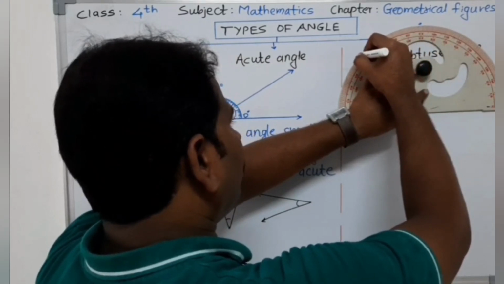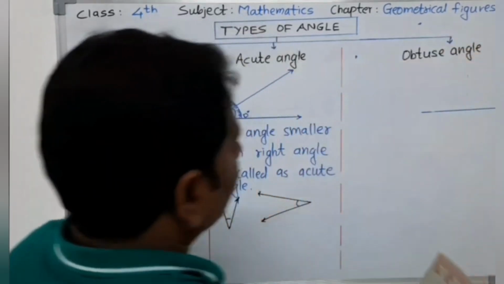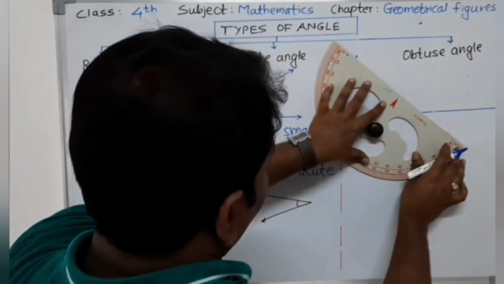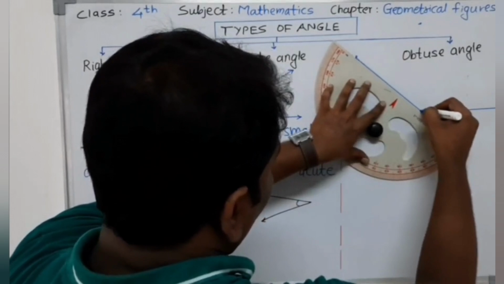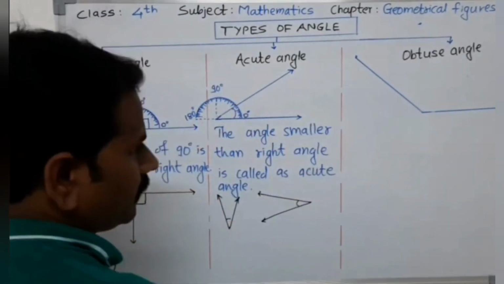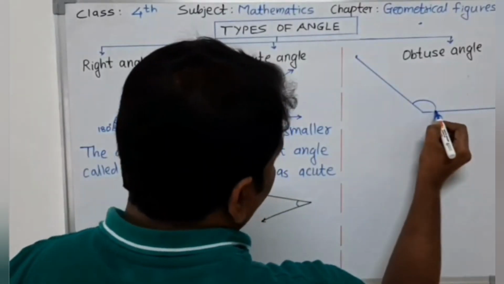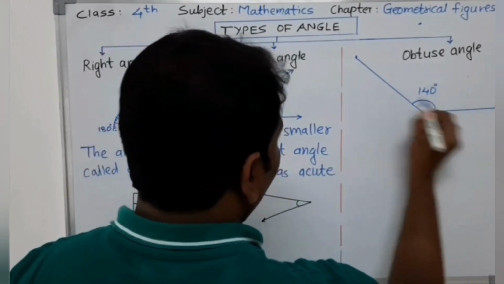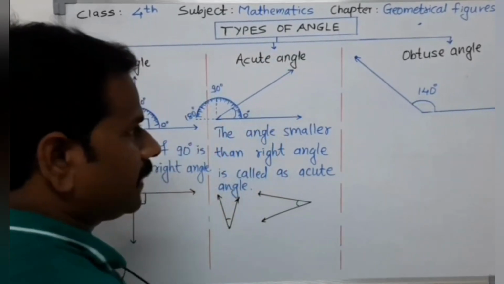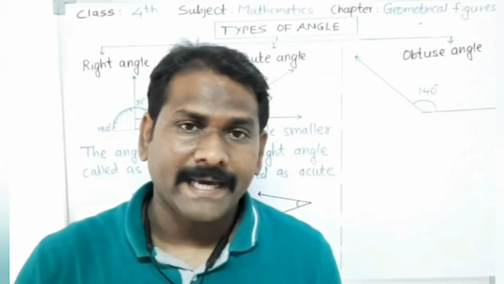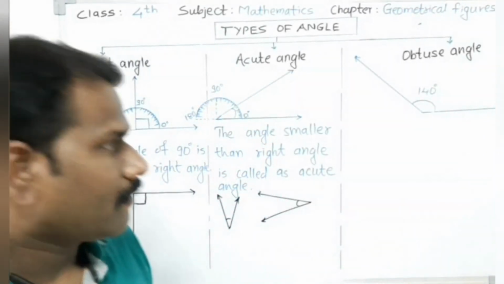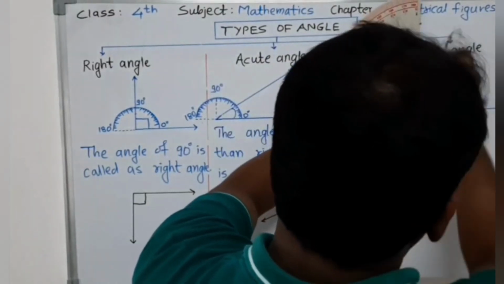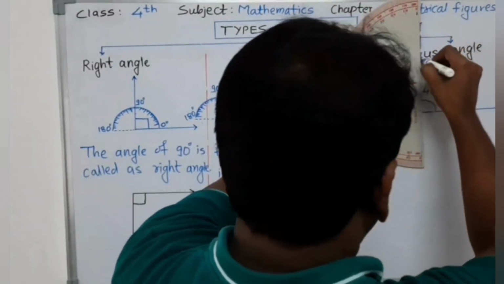Here it is 140. When I join this line with the point, then a figure is formed. Now this figure we have measured. The measurement is 140 degree. So this angle is definitely larger than right angle, because the measurement of right angle we know is perfect 90 degree.